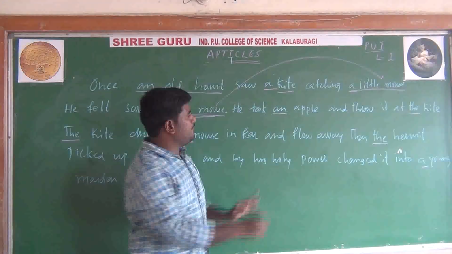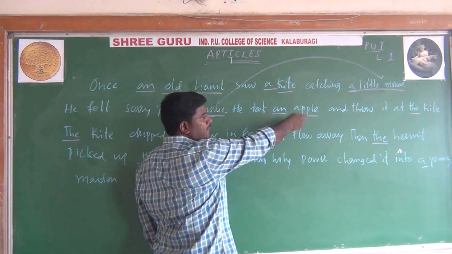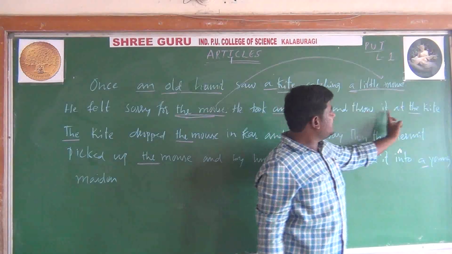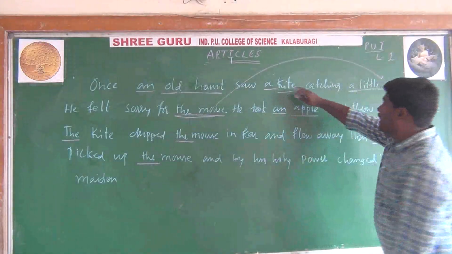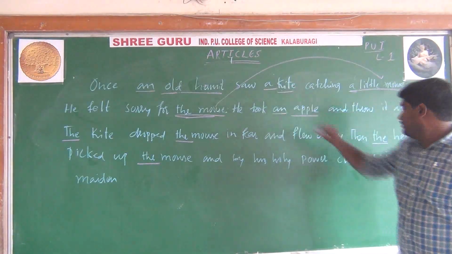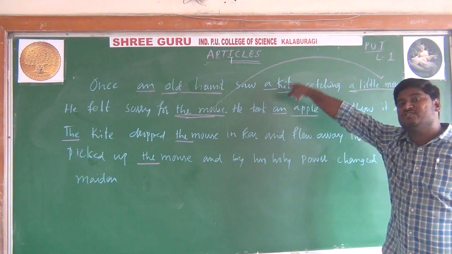He took an apple. As I said, an apple is indefinite, having a vowel sound, and then he threw it at the kite. Earlier in the paragraph it was a kite, but here the kite, because the same kite we are talking about was mentioned earlier.